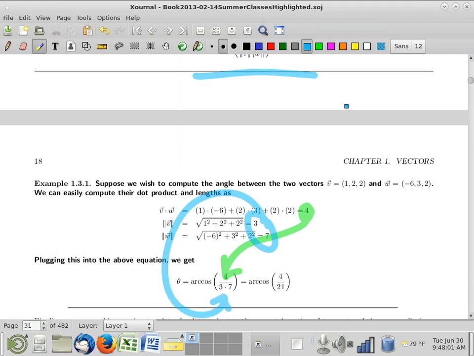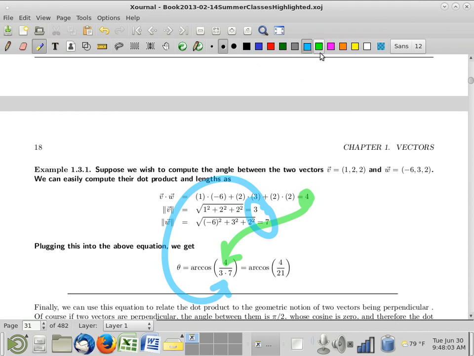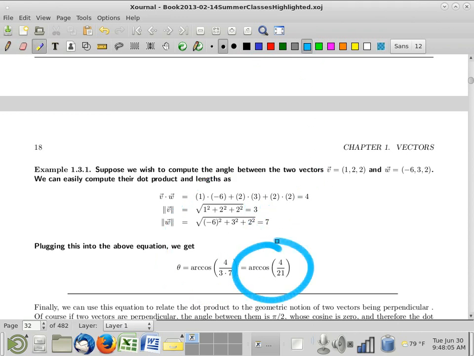And that gives us our answer. I'm going to leave this answer in this form, by the way. That's an exact answer. I could plug that into a calculator or computer, I suppose, and get a decimal approximation.